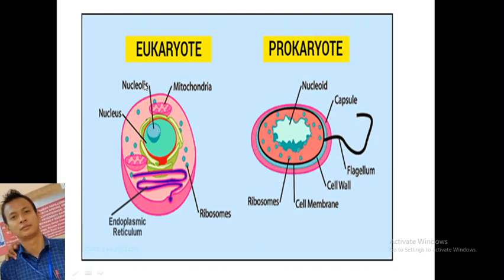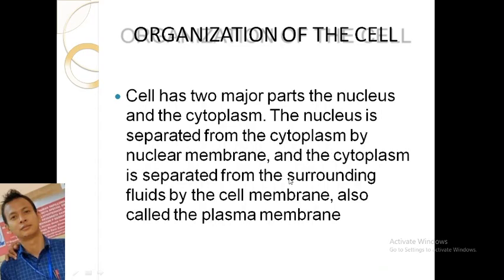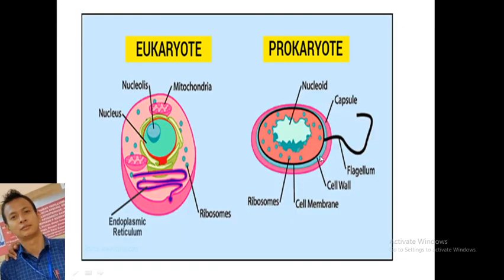The nucleus is here, and the cell contains mitochondria, endoplasmic reticulum, and ribosomes. Eukaryotes can be either single or multiple cells. In a prokaryote, the nucleus is not present. You can see the nucleoid, cytoplasm, flagella, and cell membrane, and it is single-celled.